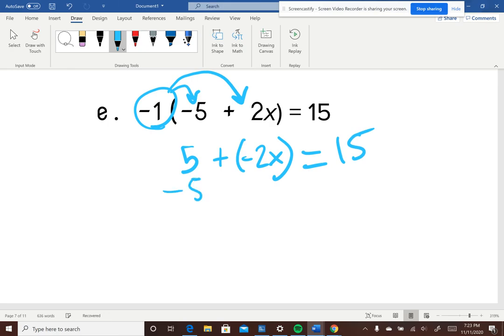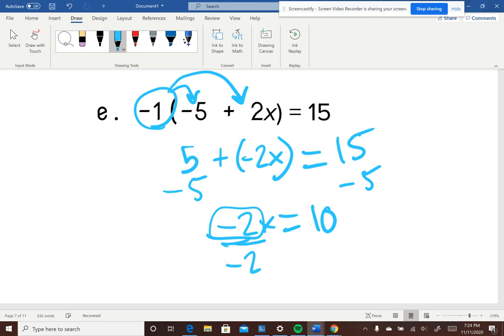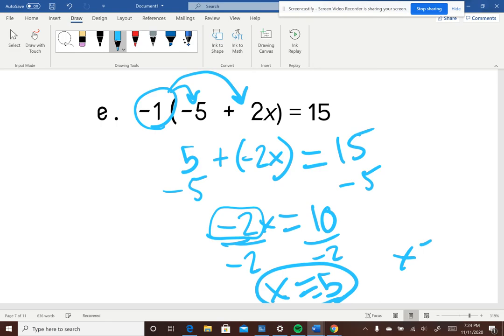Now I'm going to subtract my 5 here, subtract my 5. So now I have negative 2x equals 10. So I need to divide not just by 2, but the whole thing we see here, negative 2. And then I have x equals negative 5. All right, x equals negative 5. I like to rewrite it so the negative sign is really out there. And if you were to plug that in, then you would get 15.